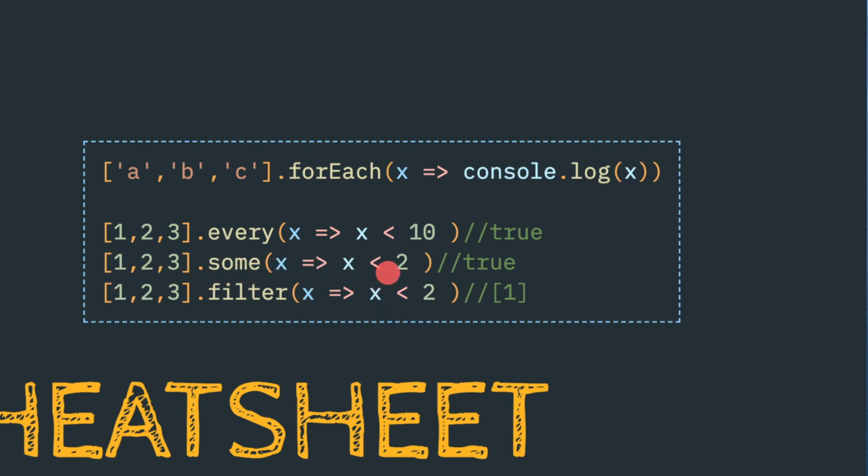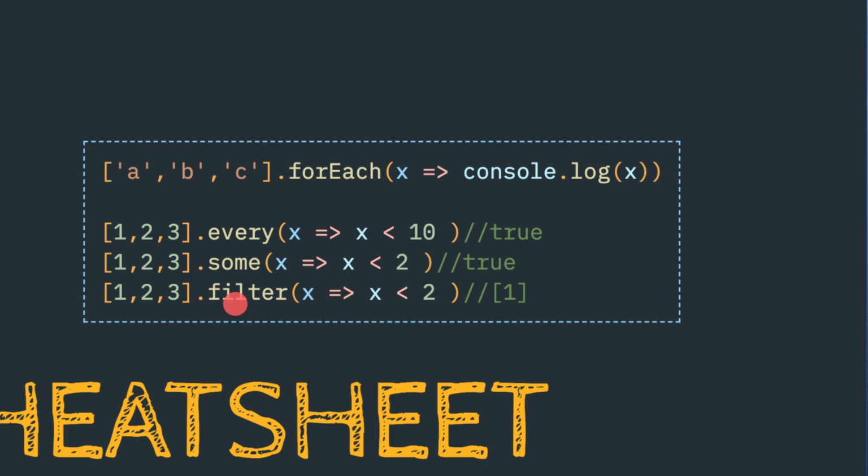Then 1 less than 2, yes it is. 2, no, 2 is not less than 2. 3, no, 3 is not less than 2. So only one condition is met, but still this particular function will return a boolean true. I'm just talking about the return value here. If you store it into a variable, then the variable will be true or false. Then you can put it into an if condition, and whatever you want to do with that variable, you can do that, right?